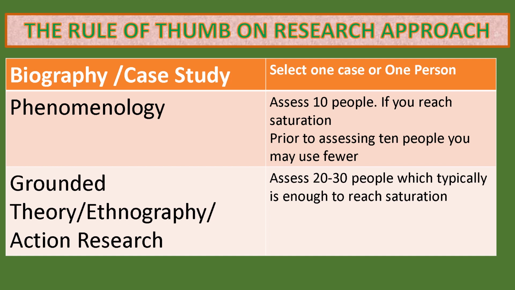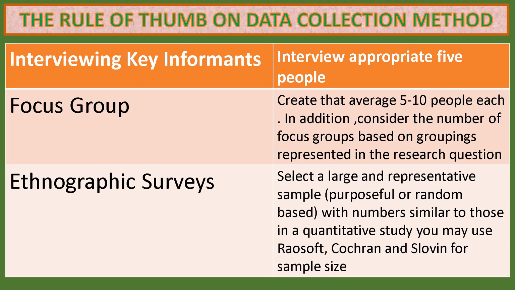So for the rule of thumb on research approach, for biography and case studies, select one case or one person. In phenomenology, assess 10 people. If you reach saturation prior to assessing 10 people, you may use fewer. In grounded theory, ethnography, and action research, assess 20 to 30 people, which is sufficient to reach saturation.